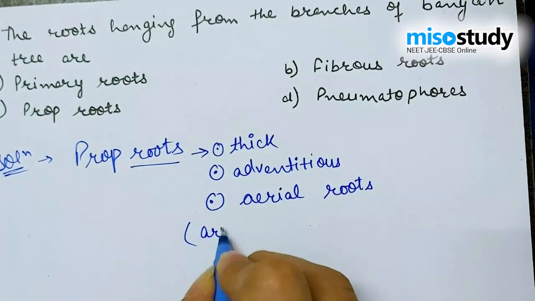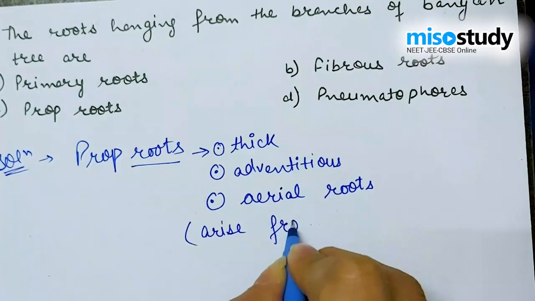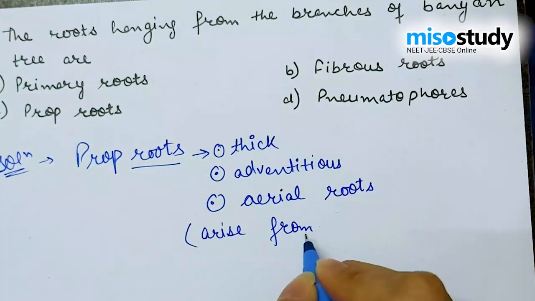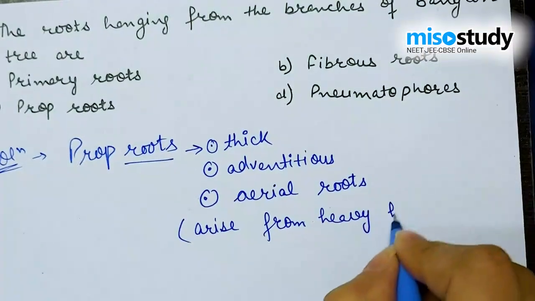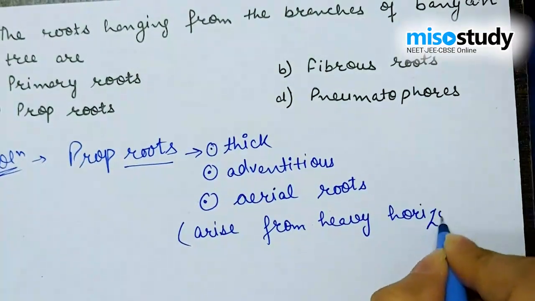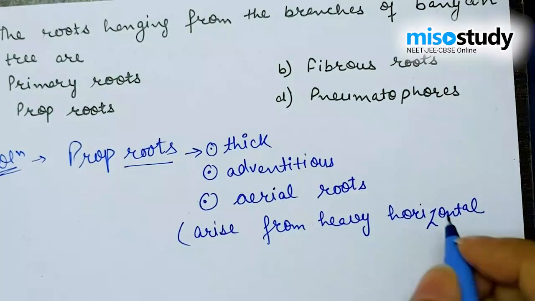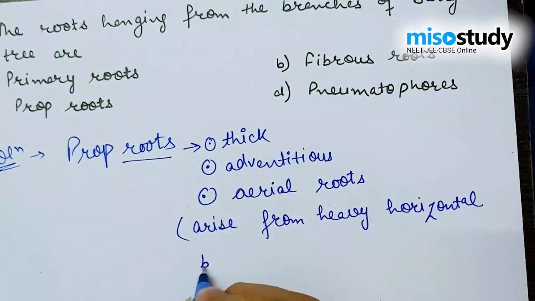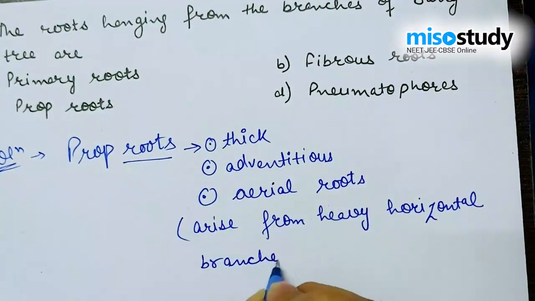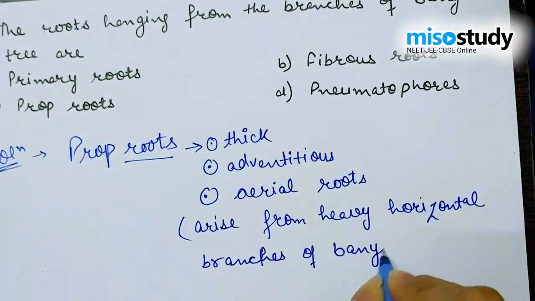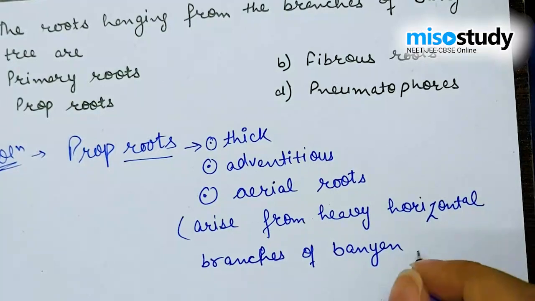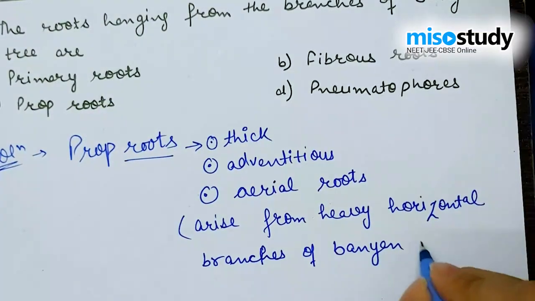These aerial roots arise from heavy horizontal branches of banyan tree.